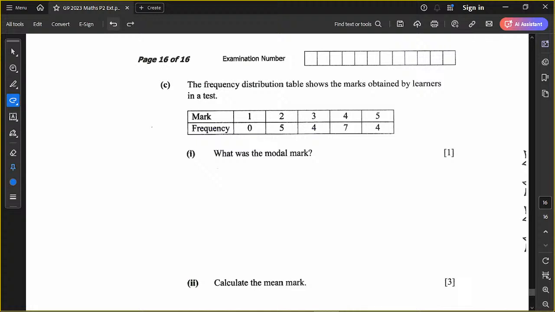Here, what you need to understand first is what a modal mark is.